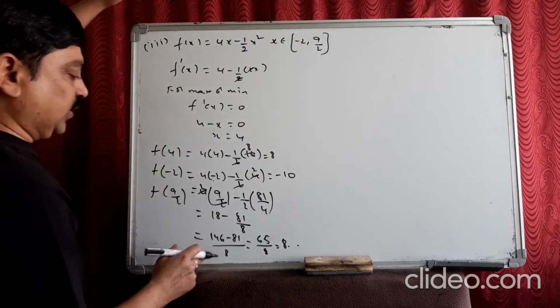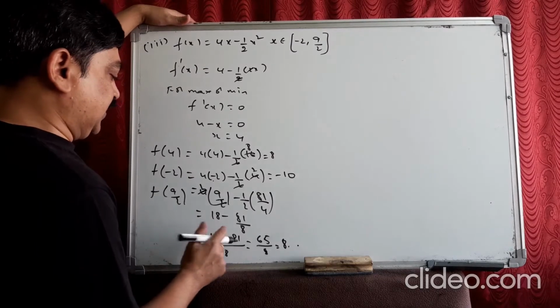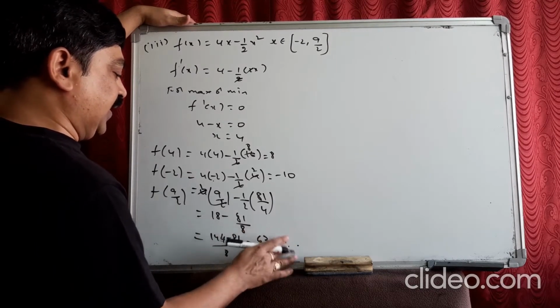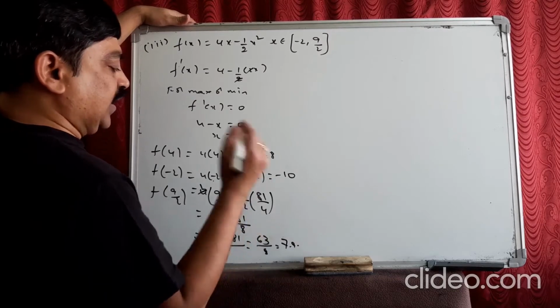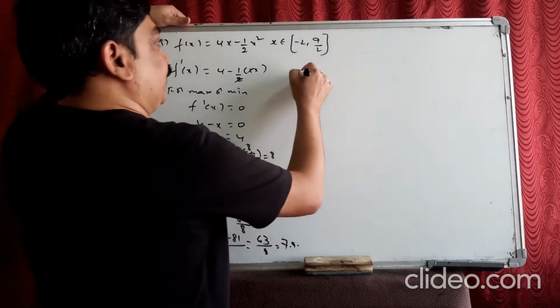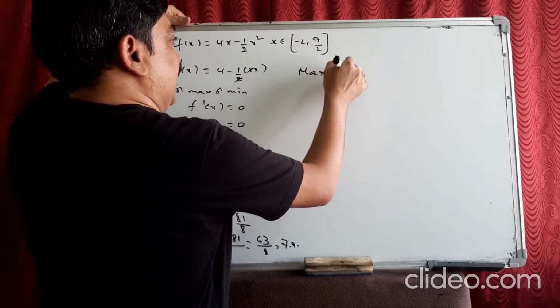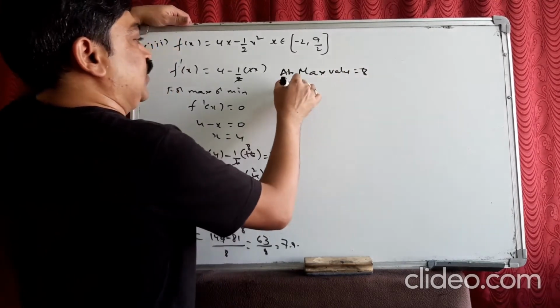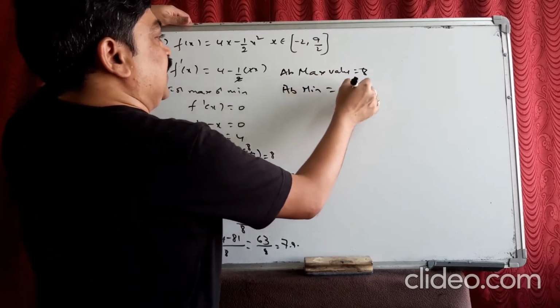Oh, I did wrong here. It is 8, 8, 64. It is 144. It becomes 63 by 8. It becomes 7.9 something like that. So maximum value is absolute maximum. Absolute maximum is 8 and absolute minimum is minus 10.